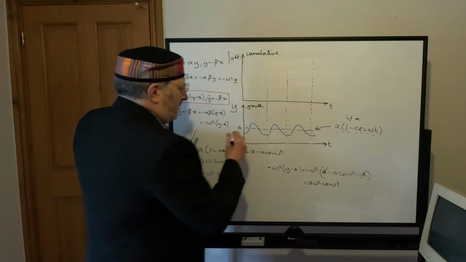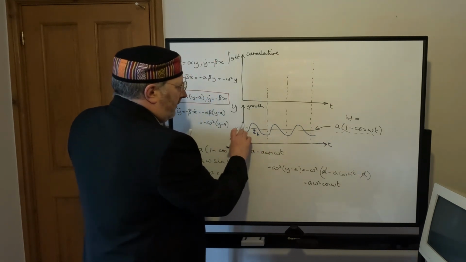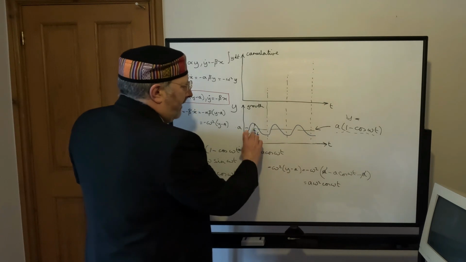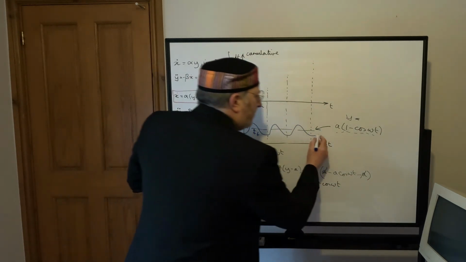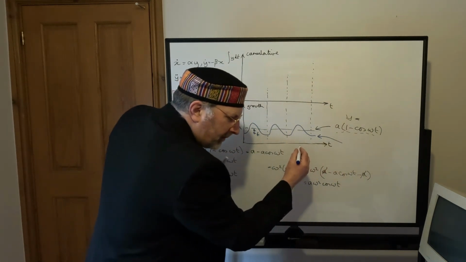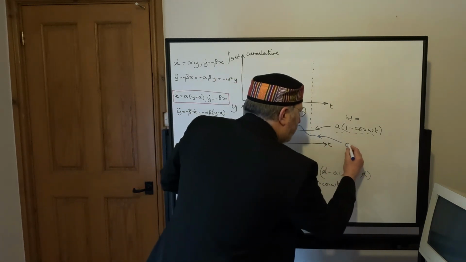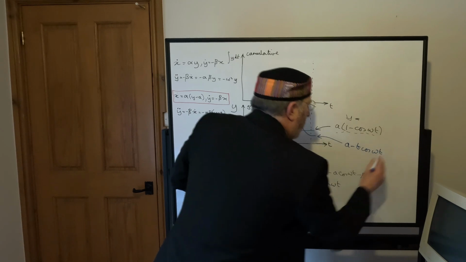If we write the amplitude there as b, it oscillates around the value a, and it goes plus or minus b. So this formula would be, let's see, a minus b cosine omega t.